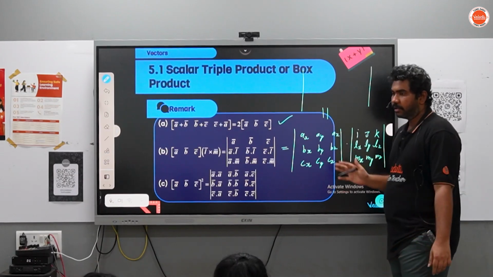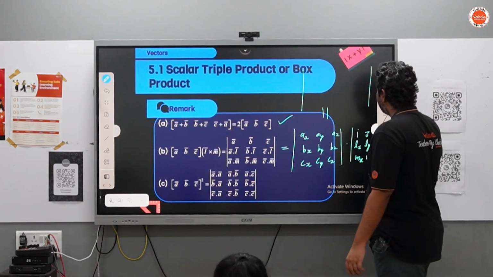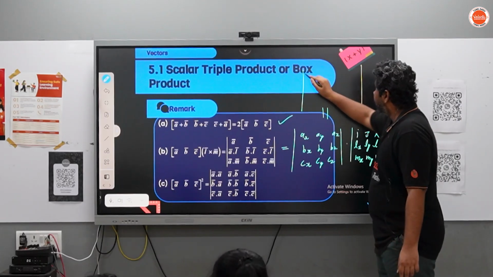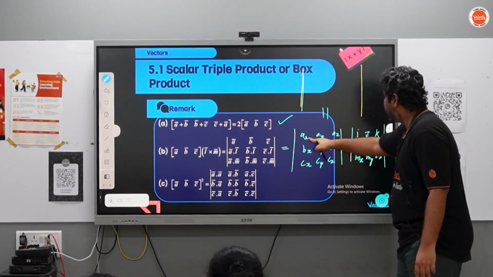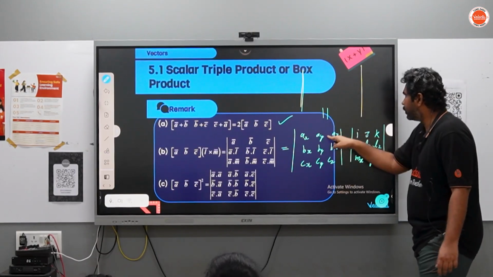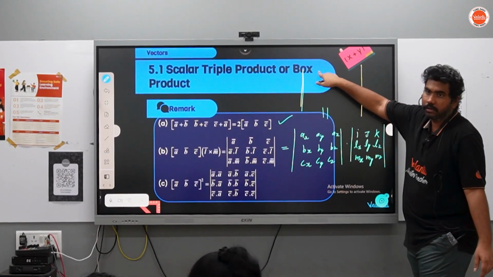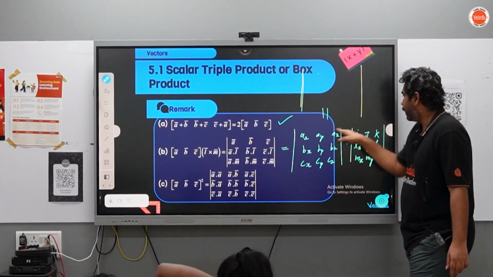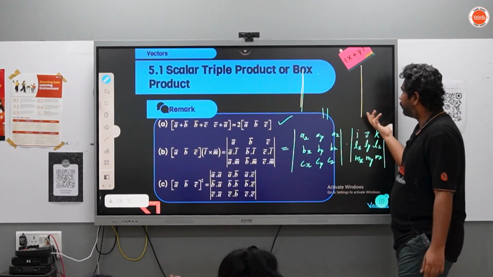We are talking about the products, right? Yes. Here you can multiply the first rows of these two. If you multiply the first row of these two, that becomes the element in place 1 1. We know AX i cap plus AY j cap plus AZ k cap is what?